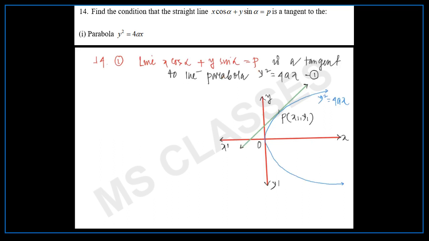So, for finding the equation of a tangent, you need the point of contact as well as the slope. So, write down: let P (x1, y1) be the point of contact.